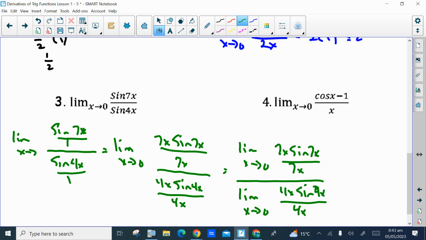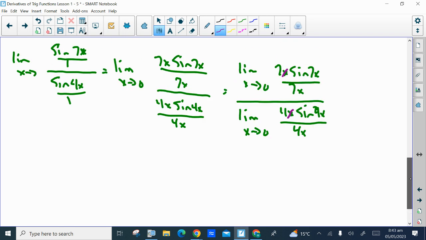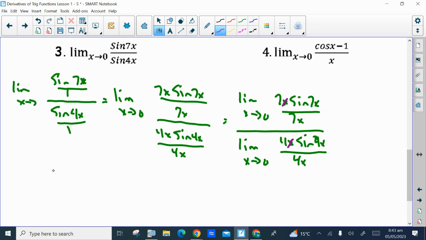And a couple of things are going to happen here now. Number one, and we could have done this on the last step before we wrote this one down, these x's cancel. I can divide top and bottom by a factor of x, so those x's cancel. And I'm left with 7 over 4, which is a constant.